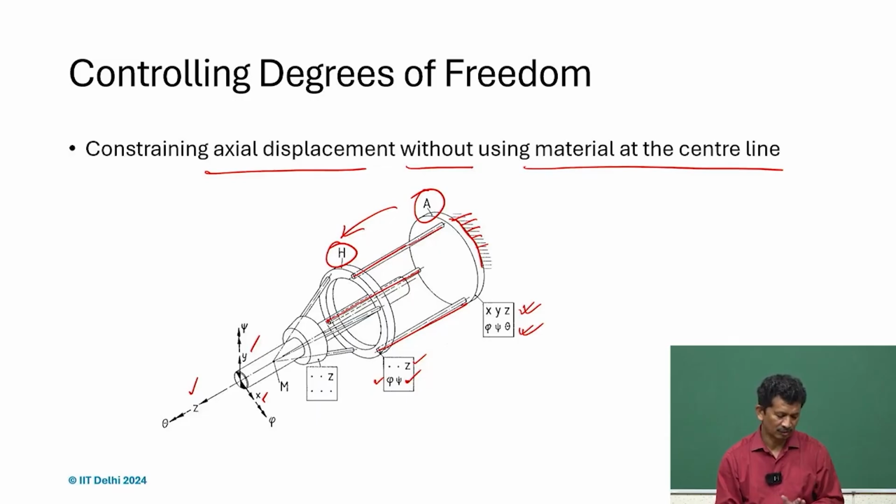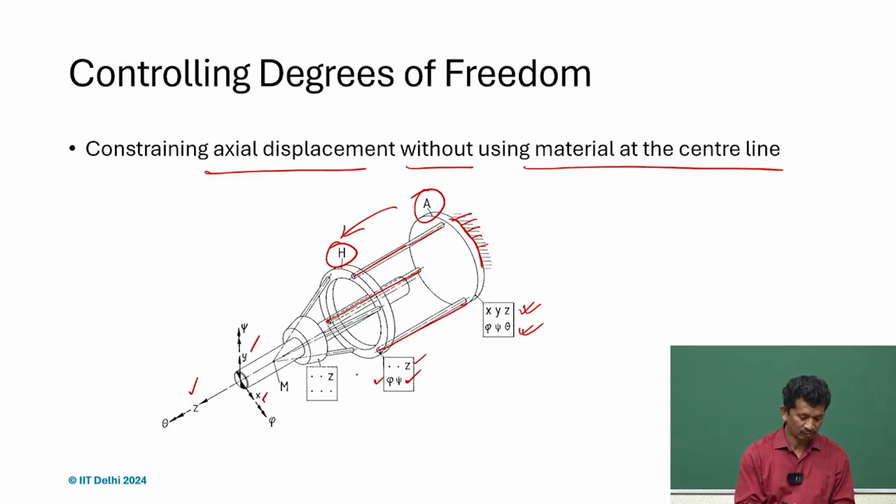What you have now achieved by constraining this platform H with the 3 wire flexure is that you get rid of x motion, y motion, and the theta rotation.